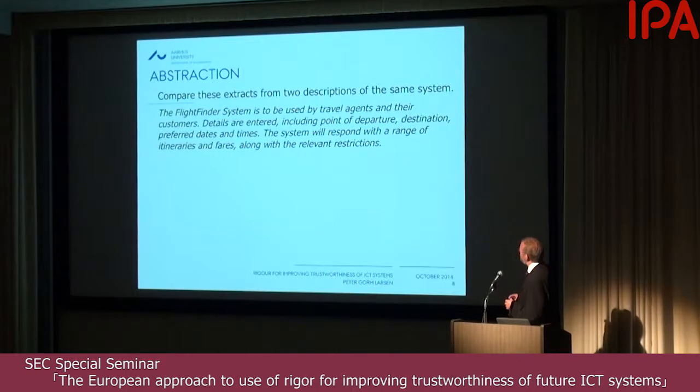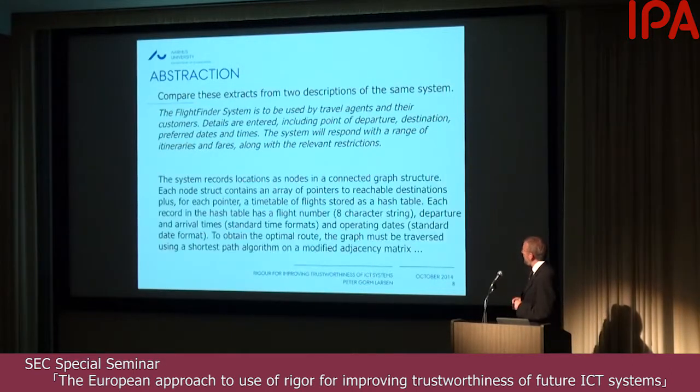The system will respond to a range of itineraries and fares, along with the relevant restrictions. That's a description of a system. Here's another description of the same system. The system records locations as nodes in a connected graph structure. Each node struct contains an array of pointers, etc.